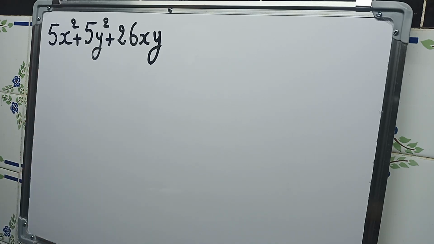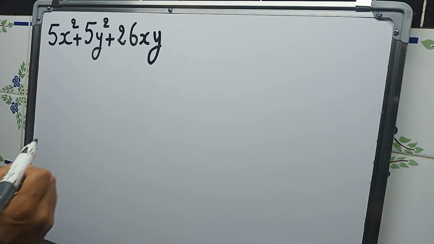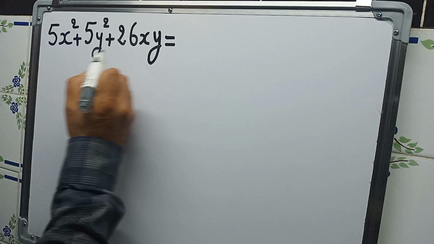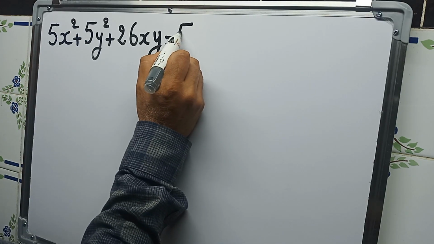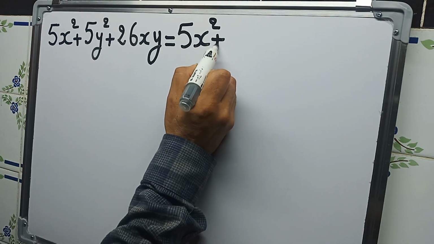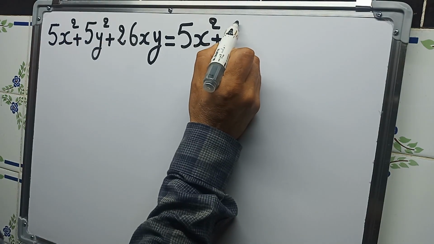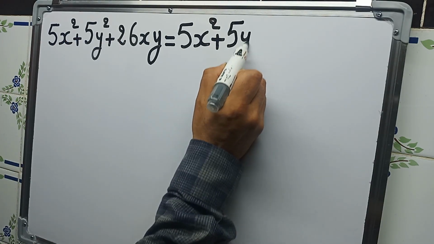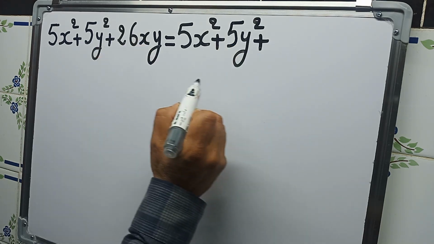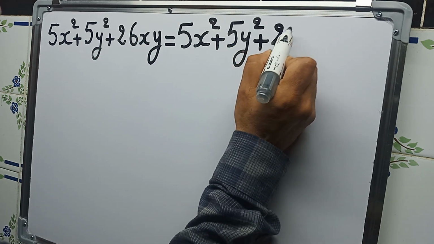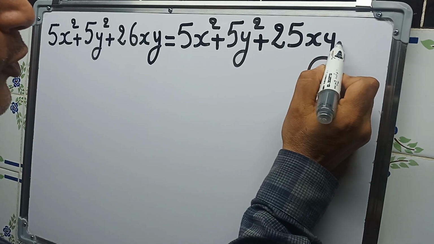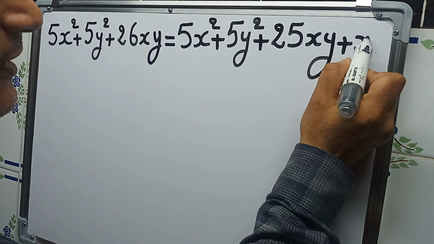And the first thing we will do is we will break this 26xy. So it's equal to 5x squared plus 5y squared plus, and 26xy is equal to 25xy, of course, plus xy.